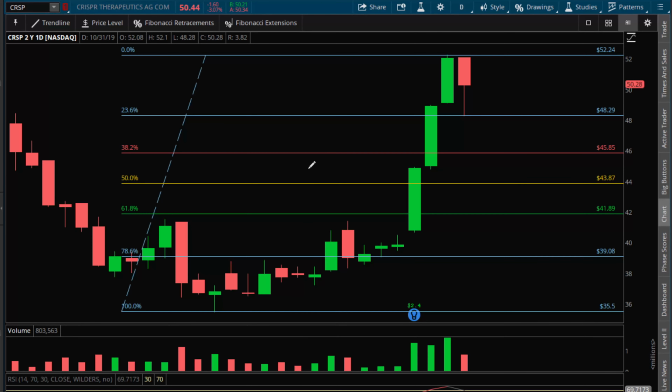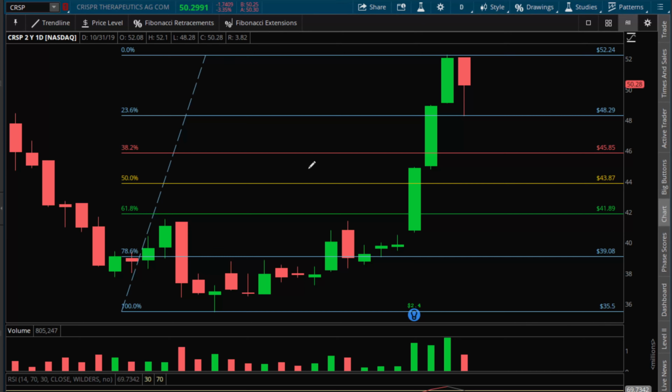The way I like to look at these levels, the 23.6 and the 38.2: if a stock moves up and retraces back to 23.6 and moves up, that to me signals a very strong trend. And if it breaks through, like a bull flag pattern or an ascending triangle pattern, or just makes a new high, usually there's going to be a good amount of follow through.